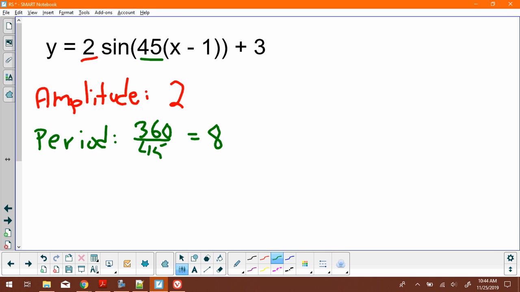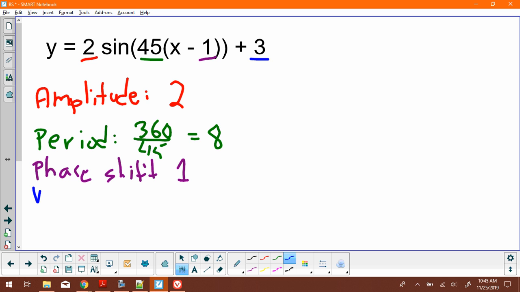The next part, continuing left to right, is the phase shift. So we have a phase shift of 1. And finally, we have a vertical shift.